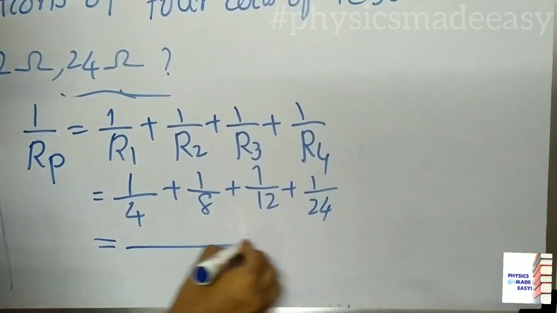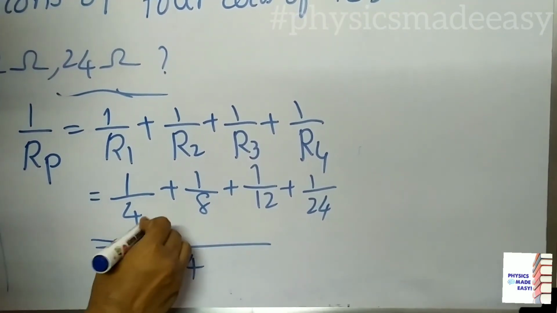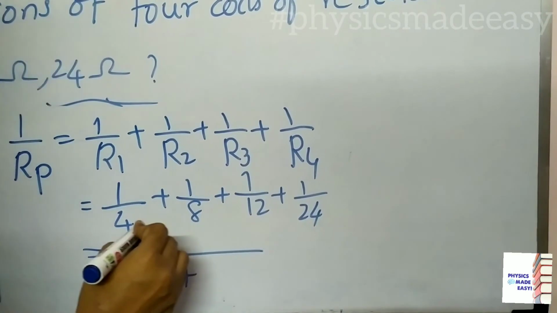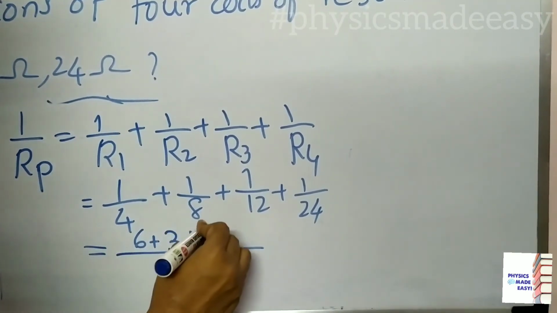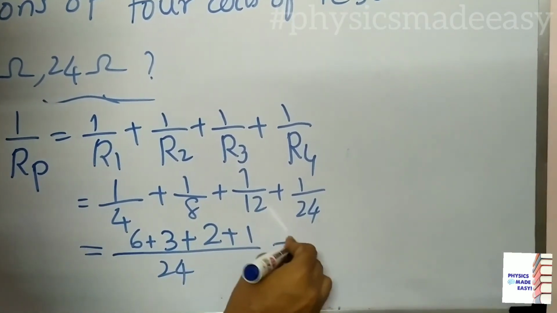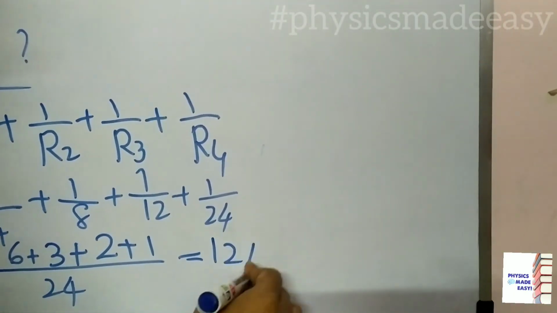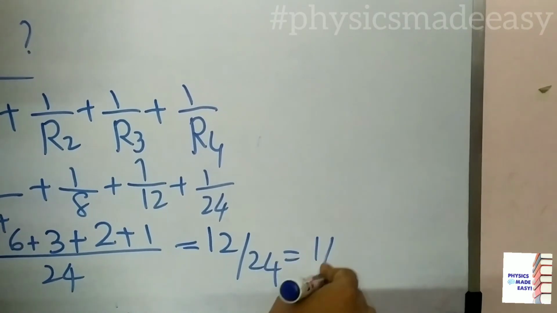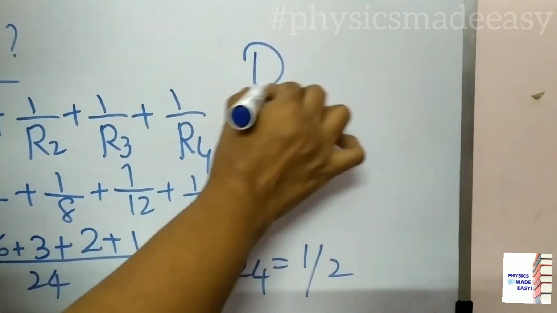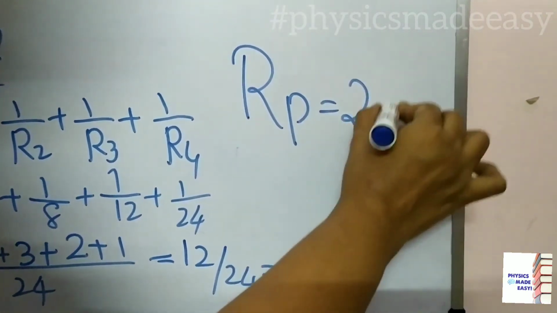Here LCM 24: 6 plus 3 plus 2 plus 1, that is 12 divided by 24, which is equal to 1 by 2. Then what is Rp? Rp is equal to 2 ohm.